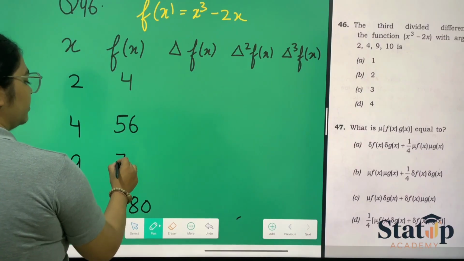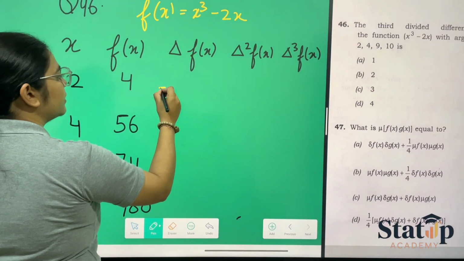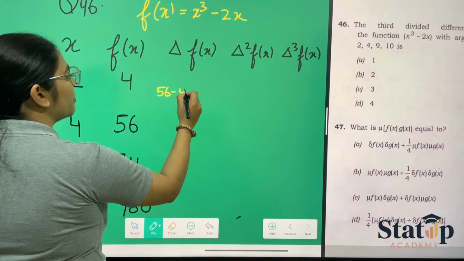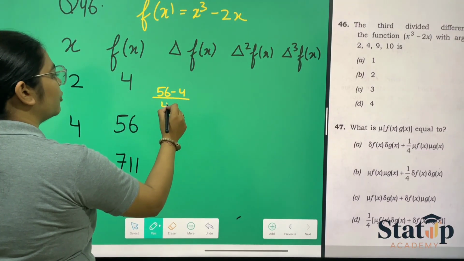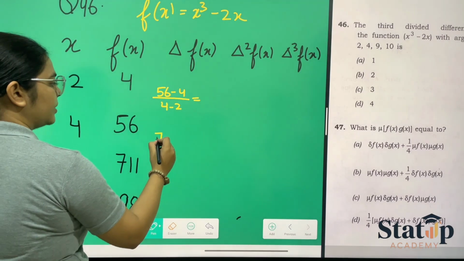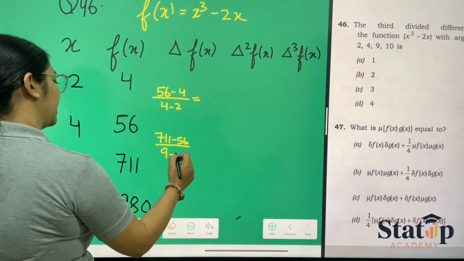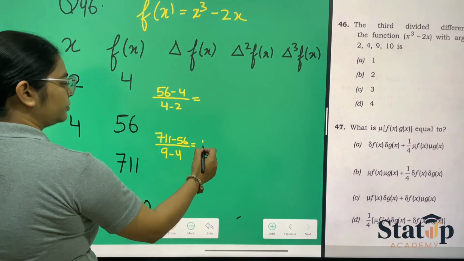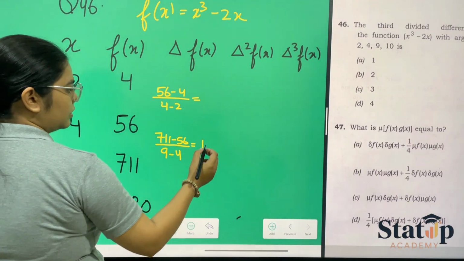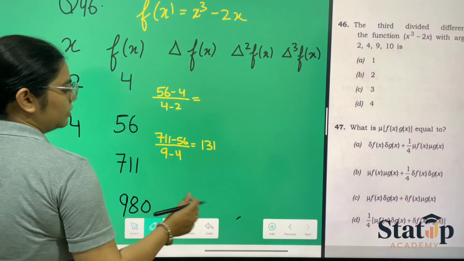and 711. Now the formula for divided difference is, we will subtract: 56 minus 4 upon 4 minus 2. This will be the first difference. The second difference will be 711 minus 56 upon 9 minus 4, which will give us 131.